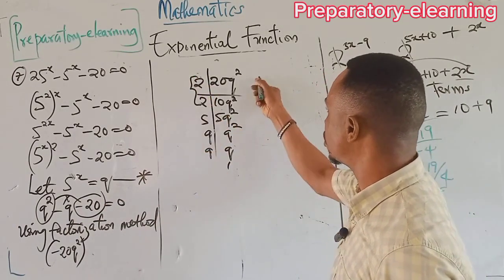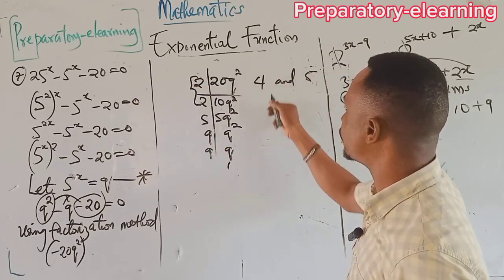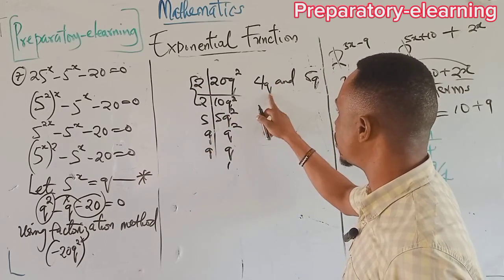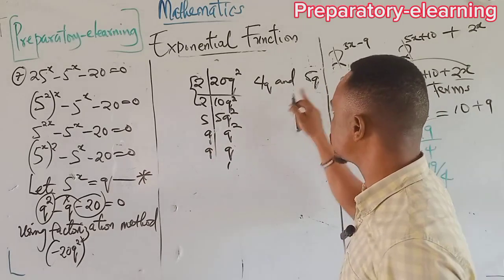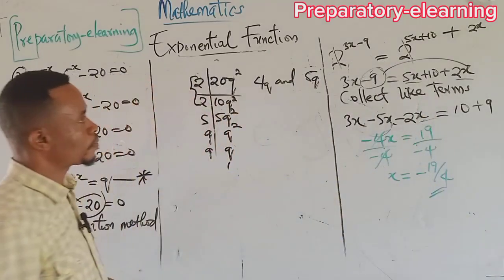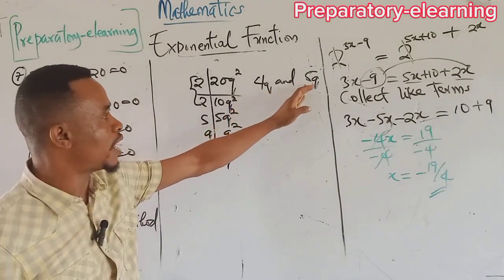Let's look at these 2 and this one. 2 times 2 is what? 4. Let's look at 4 and 5. You can just put q there and q. 1q goes to the first number and the last q goes to the next number. Now we say, let the two factors be 4q and 5q.